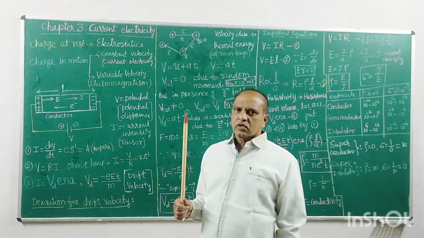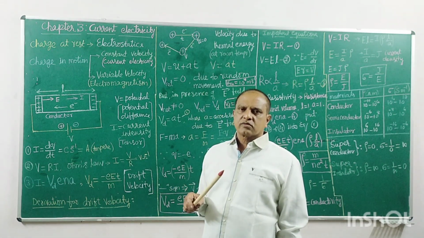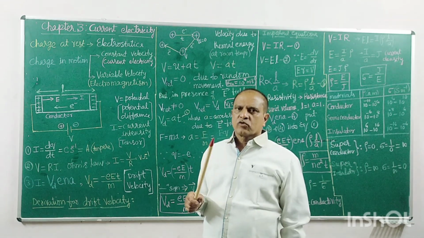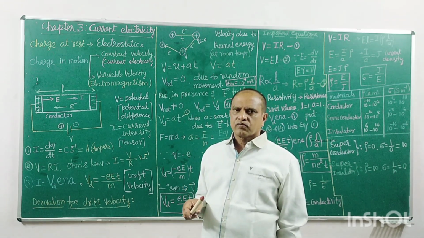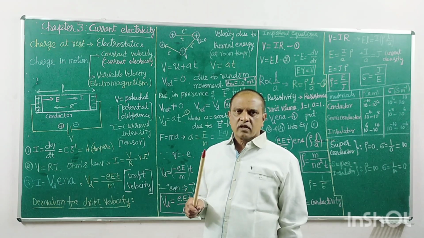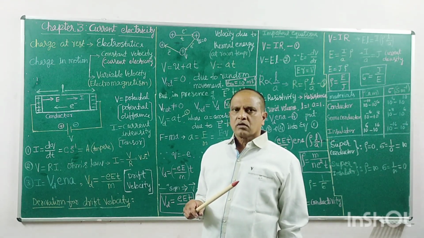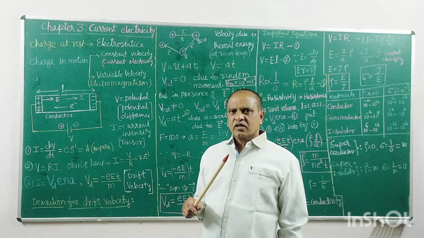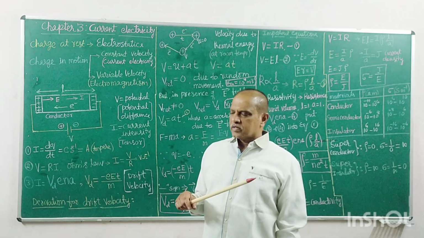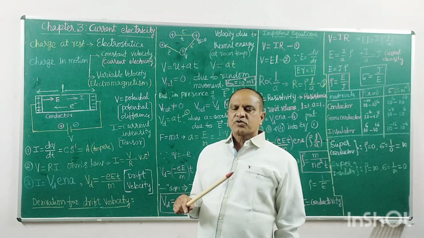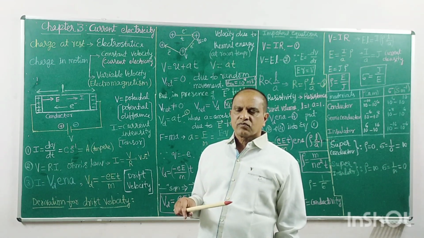Resistance means a restriction to the flow of charge, a restriction to the flow of electric current. So every material, by nature, has both restriction and permission for the flow of charge or the flow of current.